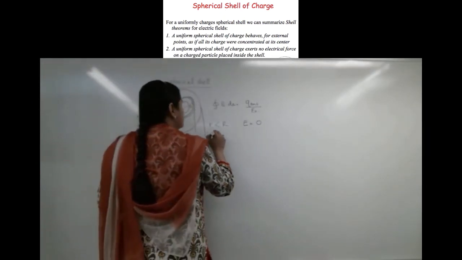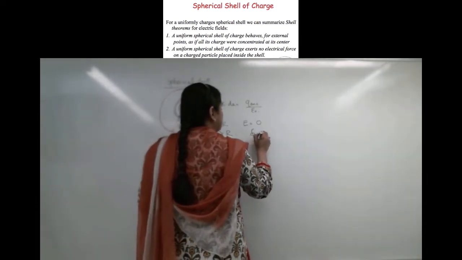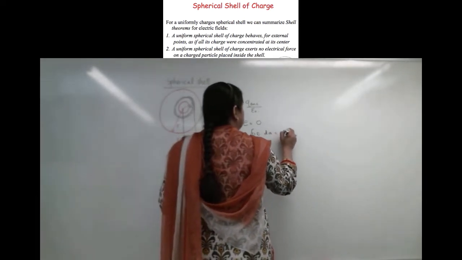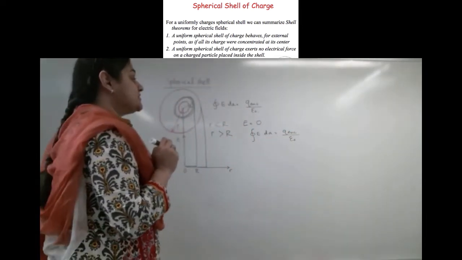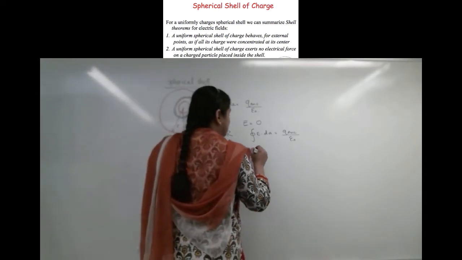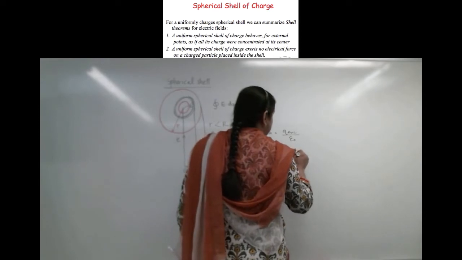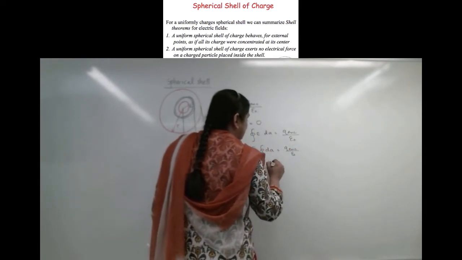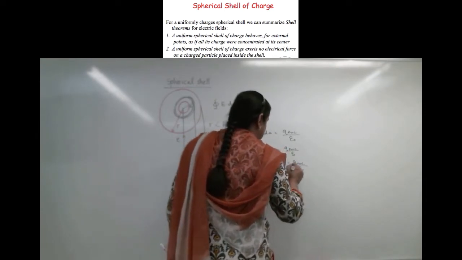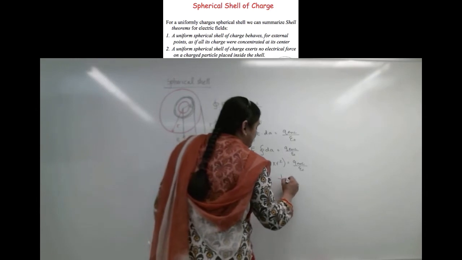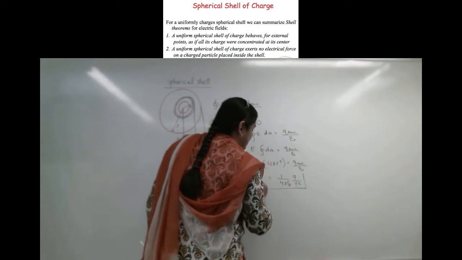But what about when r becomes greater than big R? In that case, the integral of E dot dA is Q enclosed over epsilon naught. For this spherical surface, it is E times 4 pi r squared equals Q enclosed over epsilon naught, which gives E equal to 1 over 4 pi epsilon naught times Q over r squared.